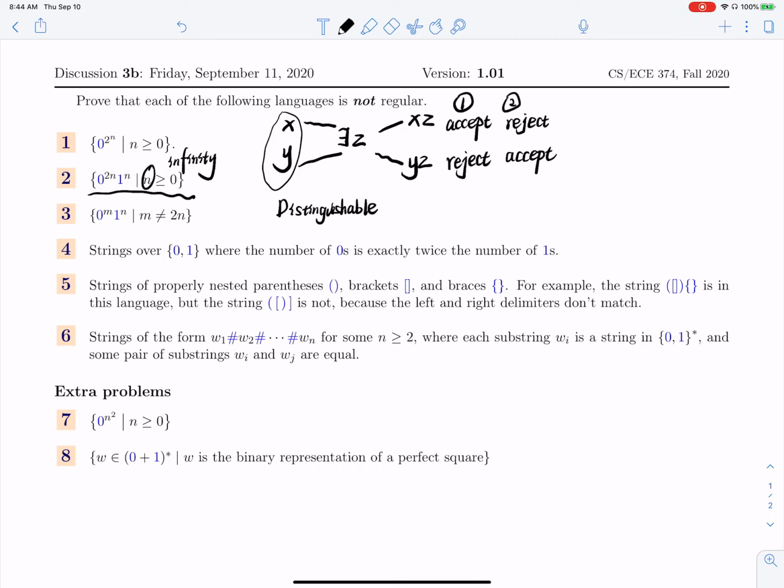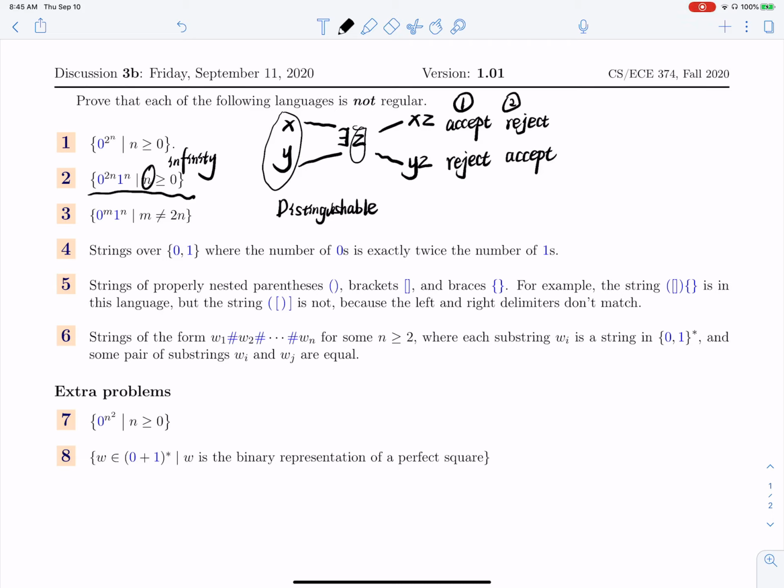So we need to find some strings that are distinguishable. If these two strings are distinguishable, after the DFA reads x or y as the input, they cannot be in the same state, because if they were in the same state, the remaining input would be z, but only one of xz and yz will be accepted.